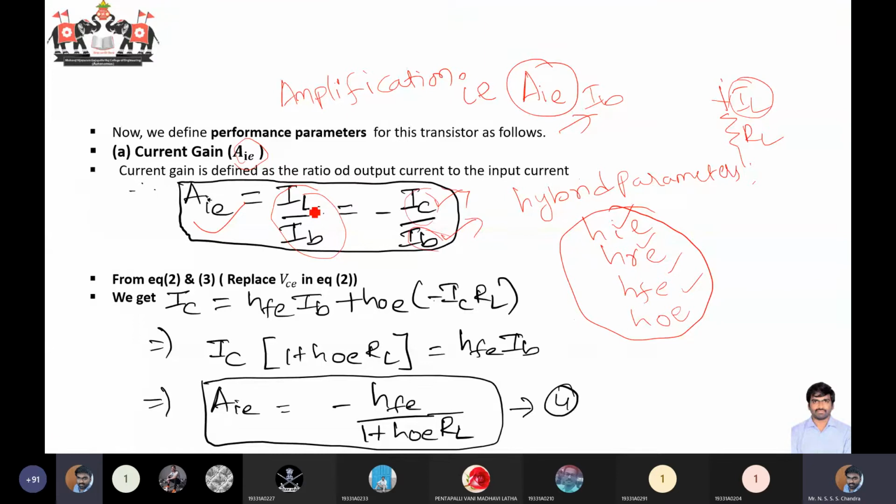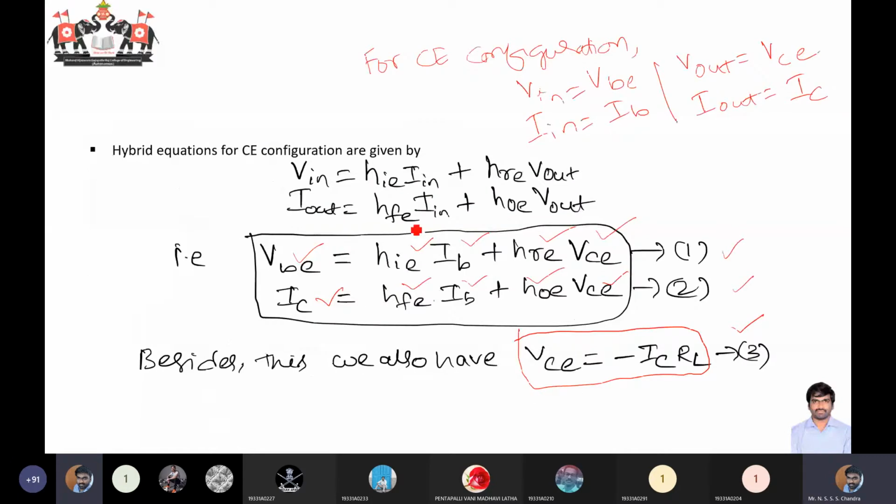For that, first from equations 2 and 3. This is equation 2, this is equation 3. I'm going to replace equation 3 in equation 2. What does the equation become?